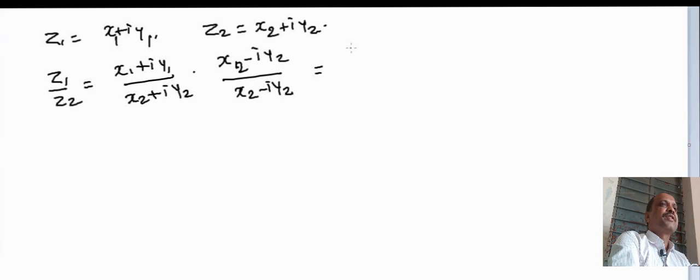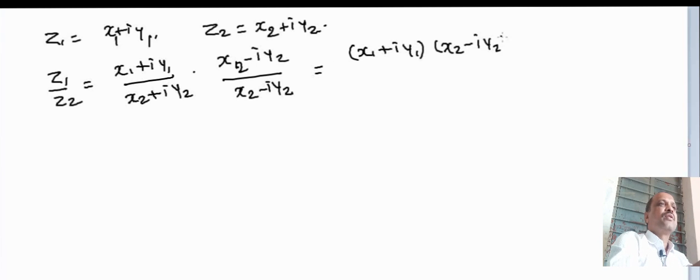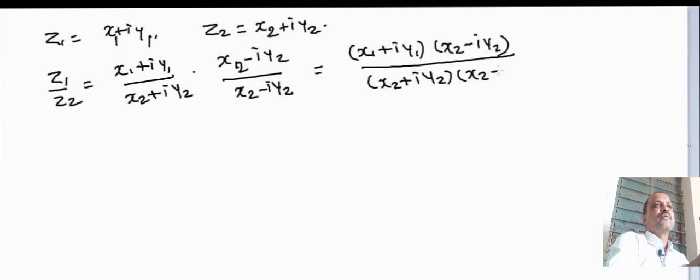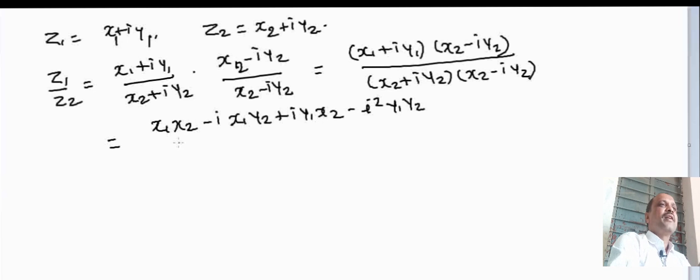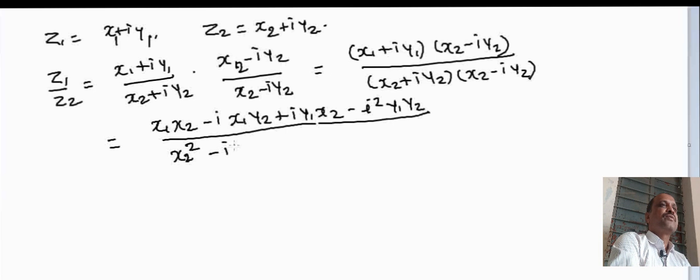In the numerator we have (x1 plus i y1) into (x2 minus i y2), and in the denominator (x2 plus i y2) into (x2 minus i y2). Multiplying, the numerator is x1 x2 minus i x1 y2 plus i y1 x2 minus i square y1 y2, and the denominator is x2 square minus i x2 y2 plus i x2 y2 minus i square y2 square.